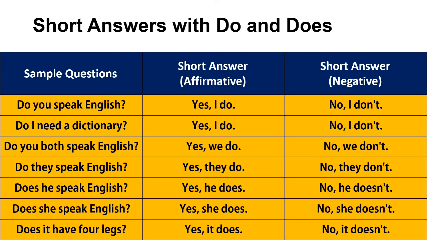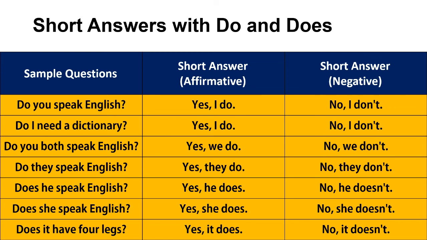Let us consider the examples on the slide. Do you speak English? Yes, I do. And it is an affirmative answer. Now, if I say a negative answer for do you speak English? No, I don't. Now let us check with another person of the pronoun or the subject. Do they speak English?